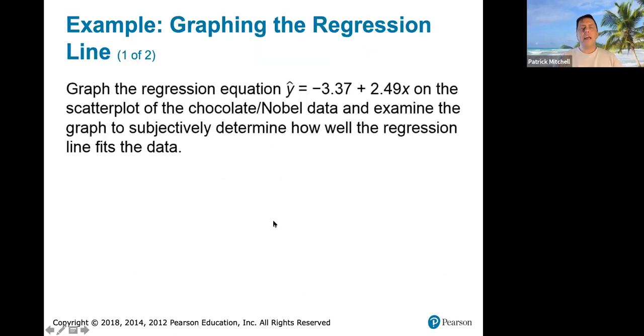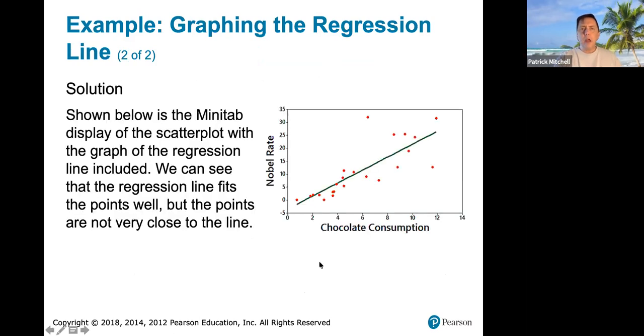So the next thing we're going to do is graph the regression equation on the scatter plot of chocolate Nobel data and examine the graph to subjectively determine how well the regression line fits the data. So they have just gone ahead and used technology for that. Shown here is the Minitab display of the scatter plot with the graph of the regression line included.